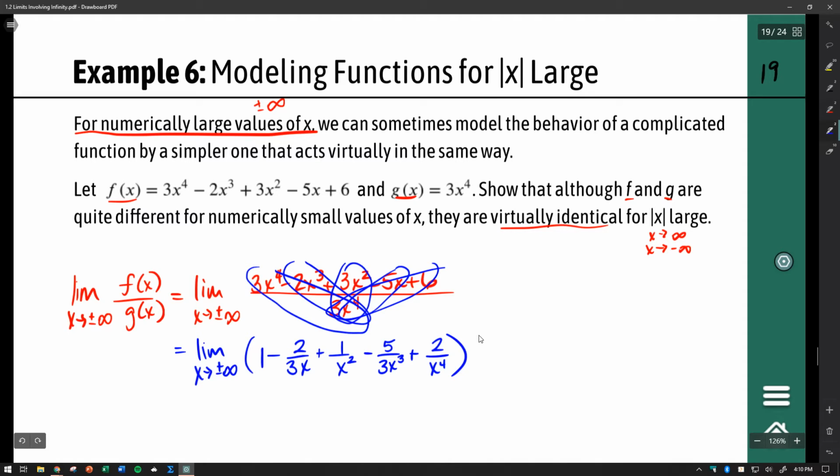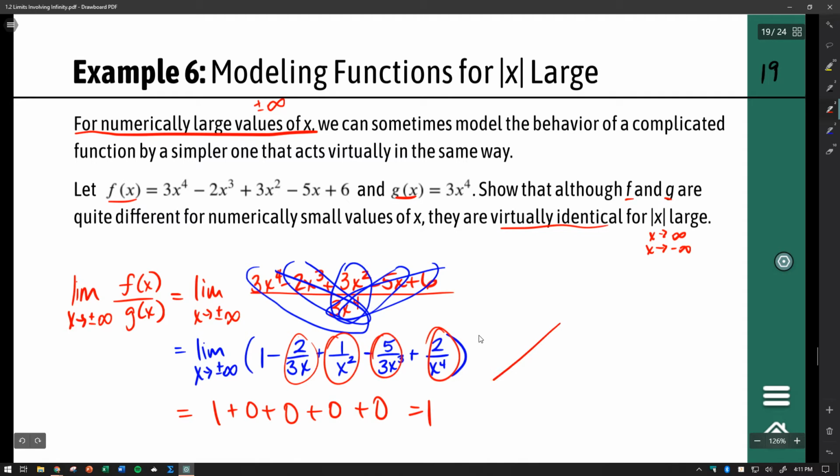And if we use the sum rule for limits, the limit as x goes to infinity of 1 is 1, but the limit as x goes to infinity of each of the following terms turns out to be 0 for the same reason that the limit as x goes to infinity of 1 over x is 0. So we get 1 plus 0 plus another 0 plus another 0 plus another 0, and it's 1.